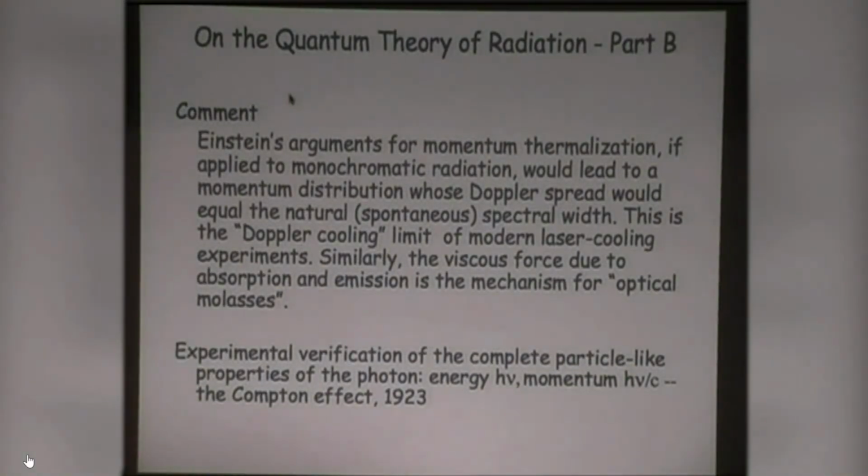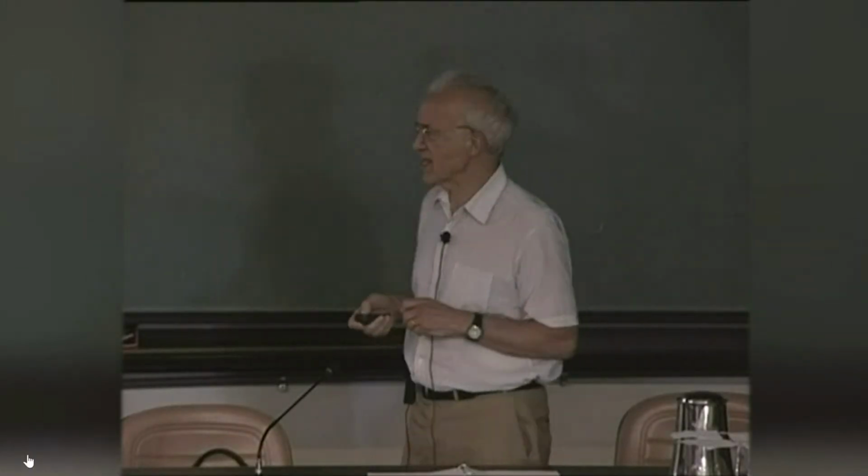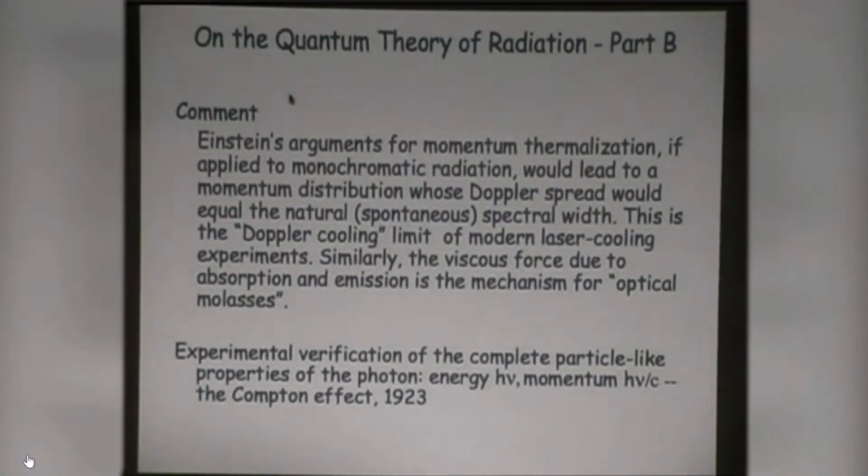And as an interesting footnote to this, like many of his papers, people didn't take it too seriously at the time. But the experimental verification of the particle-like properties of the photon was proved decisively in 1923 by the Compton effect.